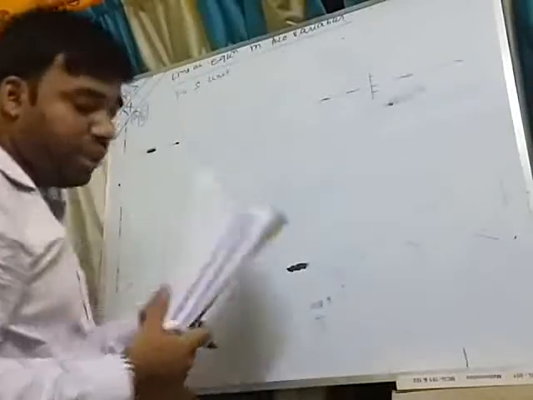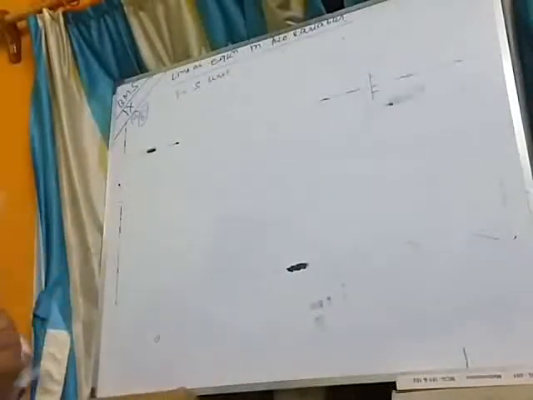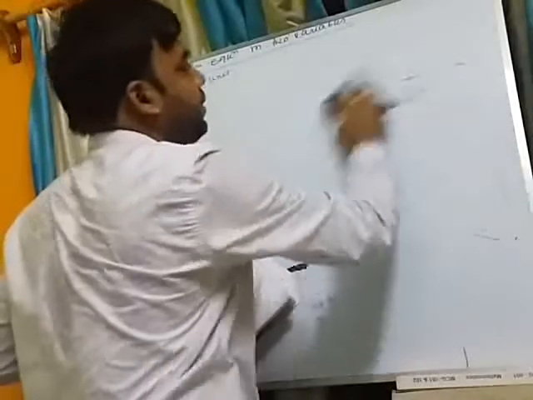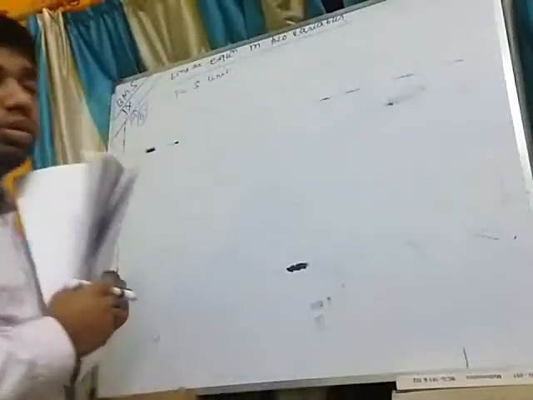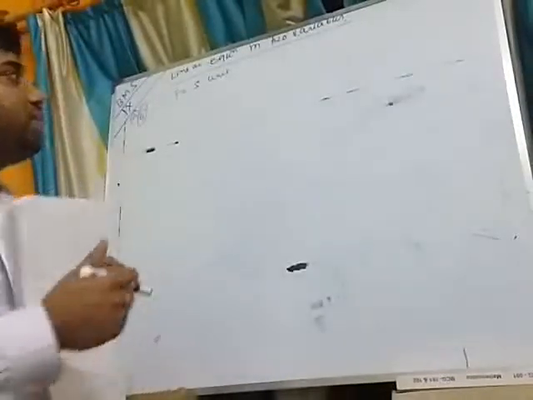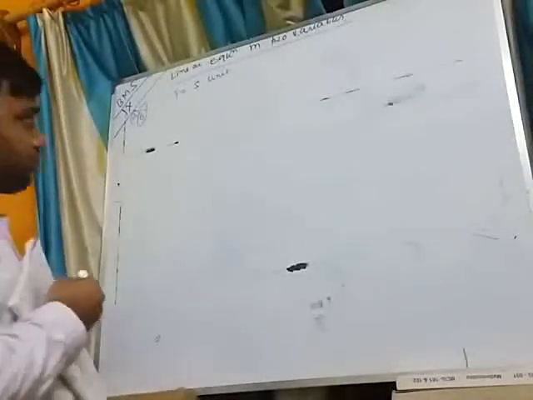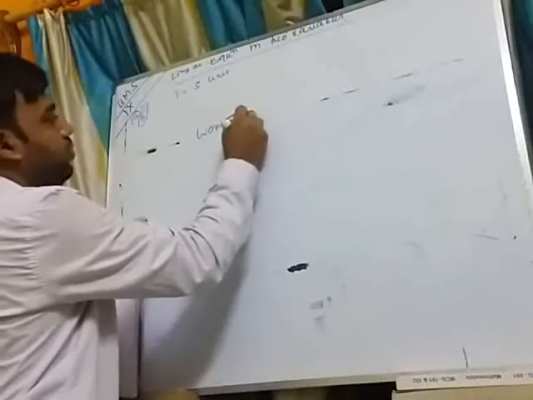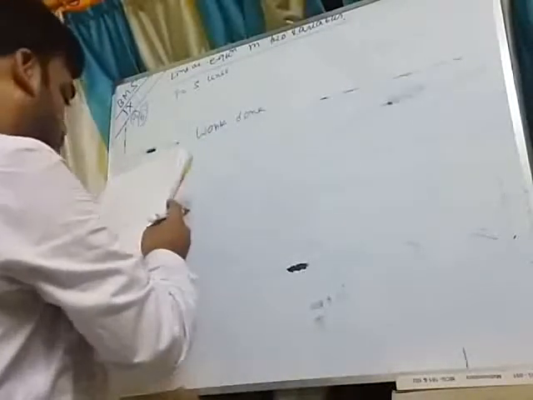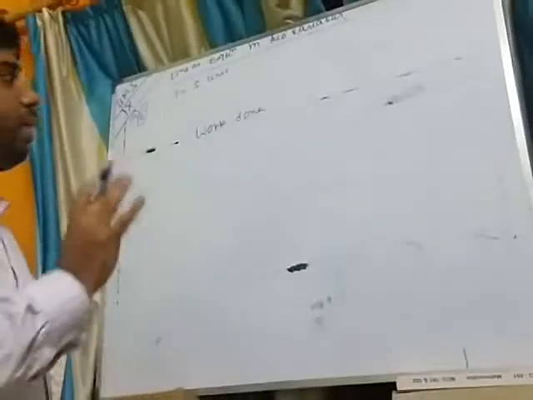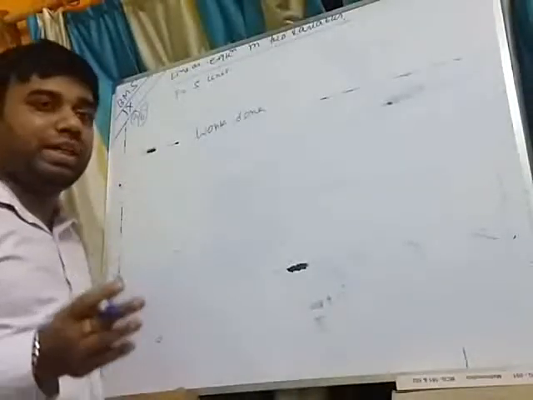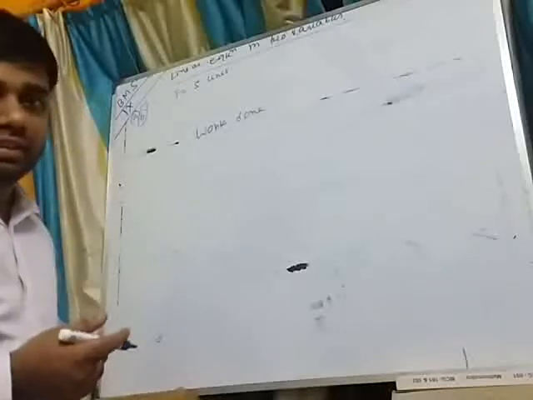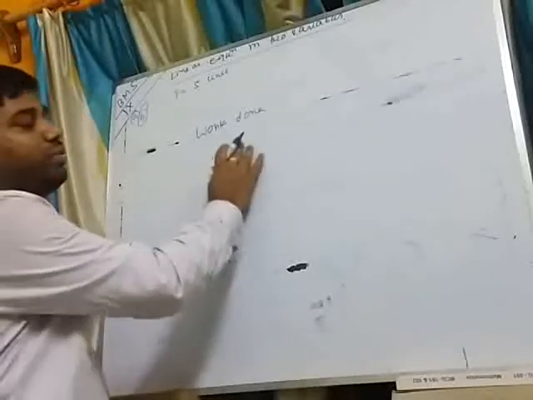Okay, but students, before we solve the problem, we need to learn what is work done. In the class 9 physics syllabus, I think most probably chapter number 4 or 5, the work done chapter is there. Now what is work done? Work is done by a force if that force is applied to an object and the object travels a distance, then work is said to be done.